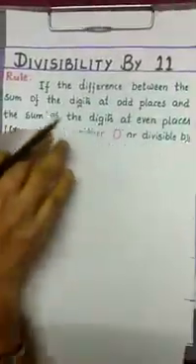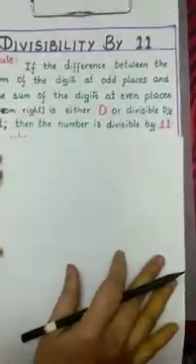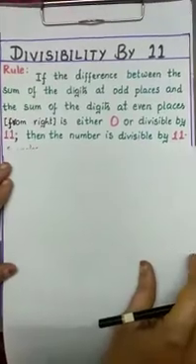The last rule, which is divisibility by 11. It is a little bit big, but don't worry, it is a very easy rule.